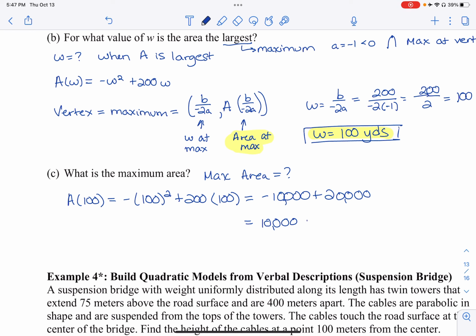And this is going to be 10,000 yards squared is my maximum area.